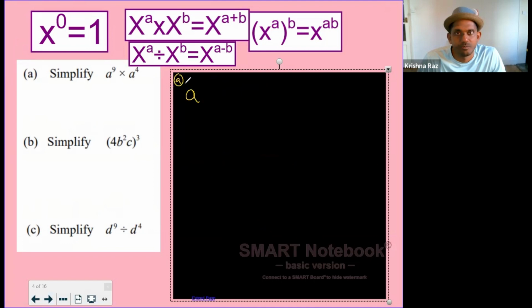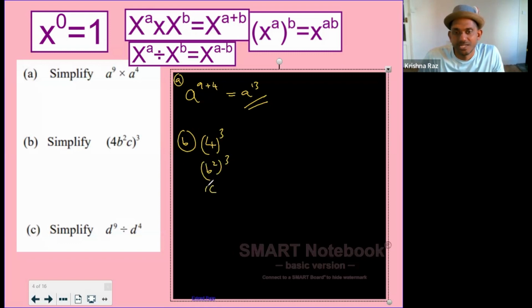But on this first one, we've got the second rule where we add the powers, and it's as simple as that. B is harder here. So we've got 3 things that we need to cube. So we have 4 cubed, we have b squared cubed, and we have c cubed. So that would be 64, b to the power of 6, and c cubed.